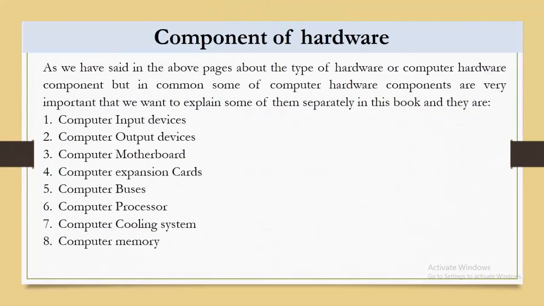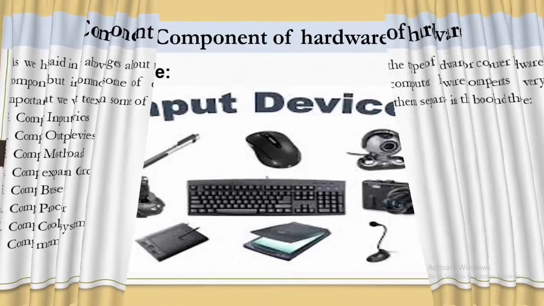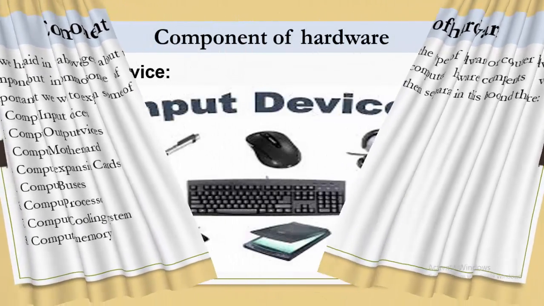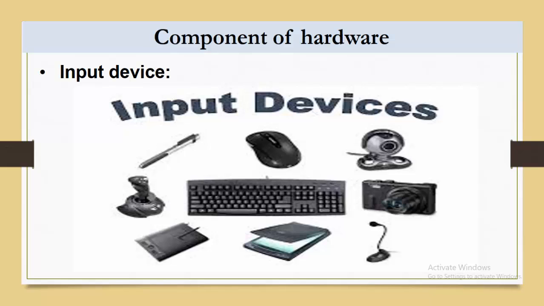Okay, the first one we want to give a few information about is the input device. An input device is any hardware device that sends data to a computer, allowing you to interact with and control it. What an input device sends or inputs to a computer depends on the device.